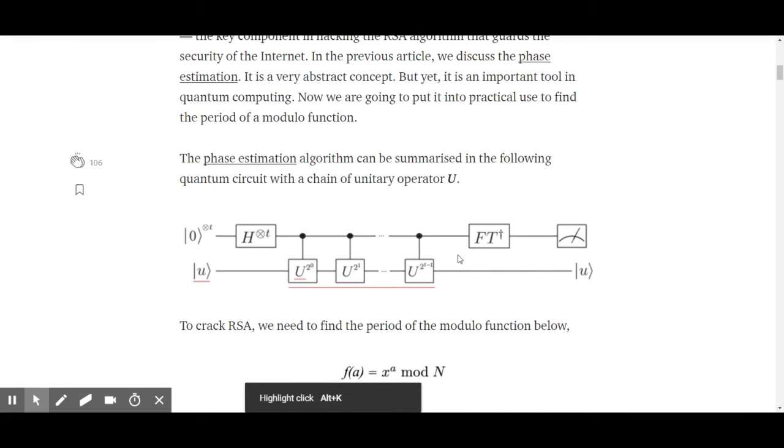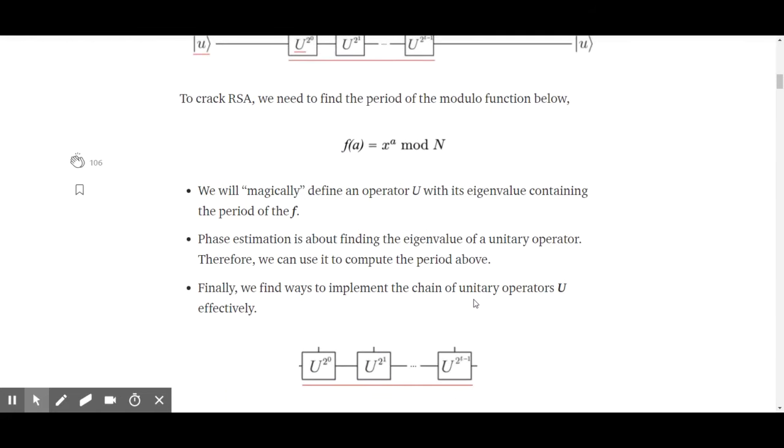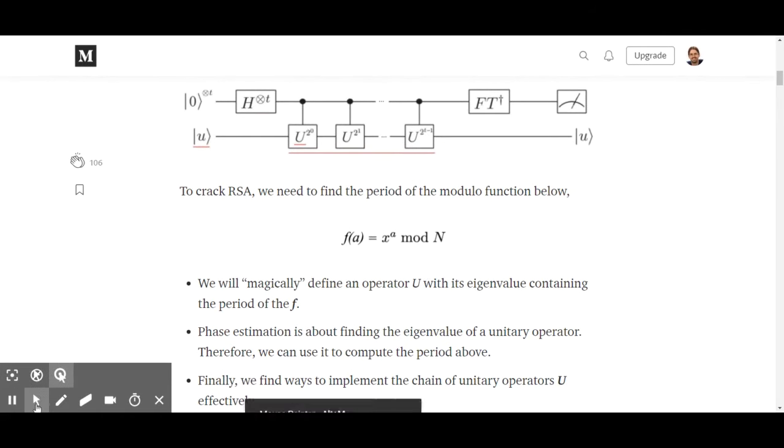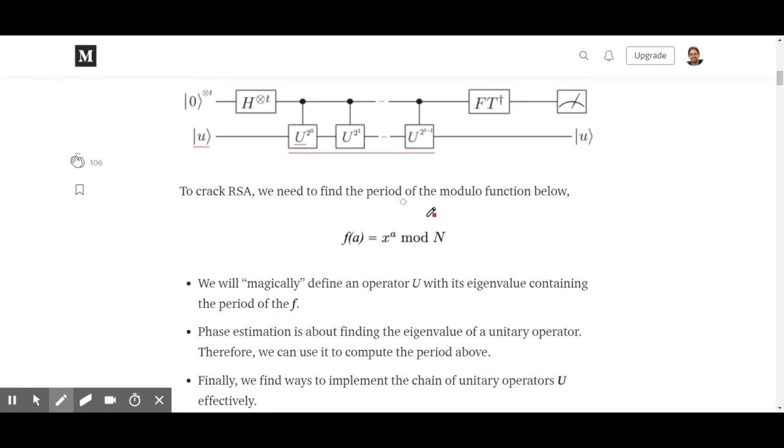Then the inverse of the Fourier transform. So we need to find the period, and the whole thing was that the problem is transformed into finding the period of this function. Why it is this way is probably out of the scope for me in this channel, but I took a look at this a couple of videos ago.